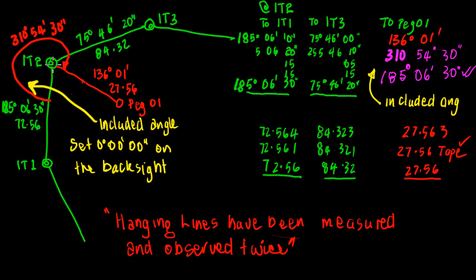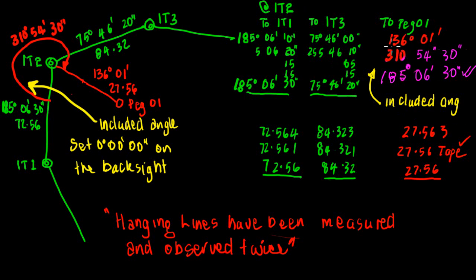Now we can check that: we add the included angle to 185°06'30", and when we add them together, we should get 136°01'. That's one way of doing it. The way I do it is that I record in the first line over here the face left bearing, or the true bearing.